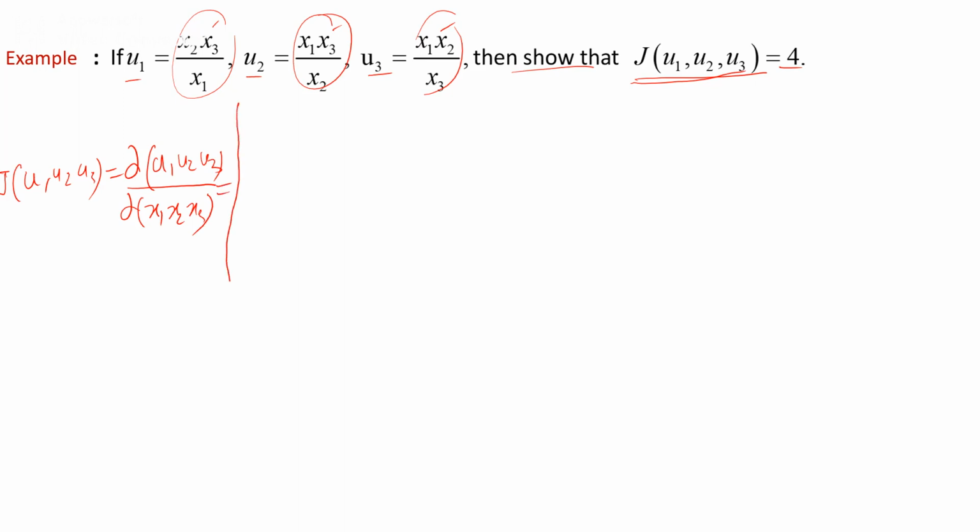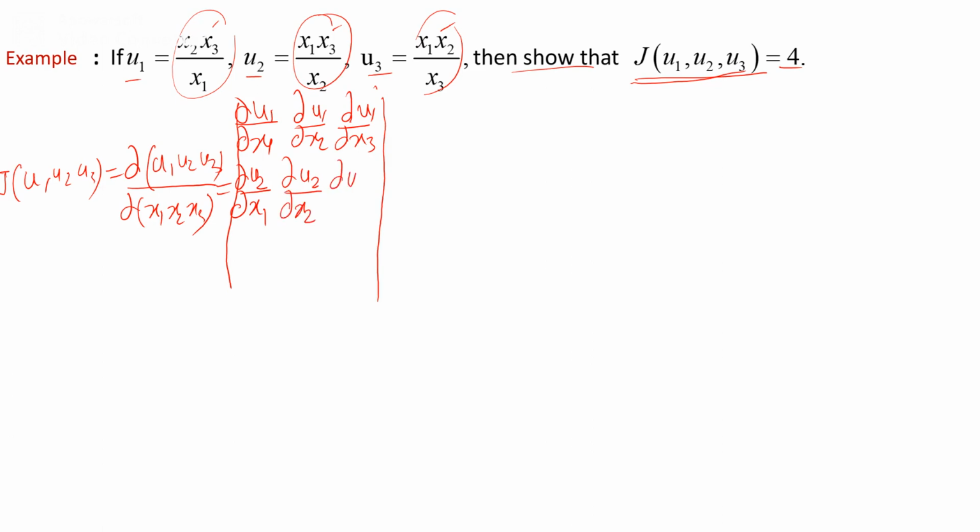So we write the determinant: the partial derivative of u1 with respect to x1, u1 with respect to x2, u1 with respect to x3, and similarly the partial derivatives of u2 with respect to x1, x2, x3, and similarly for u3 with respect to x1, x2, x3.